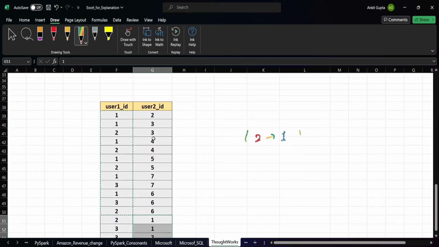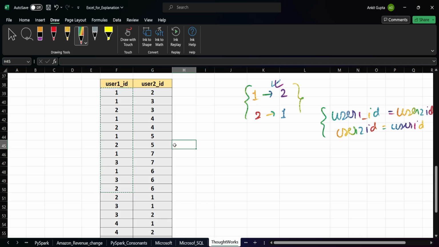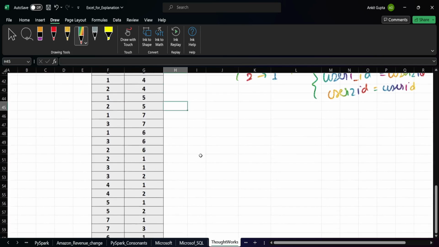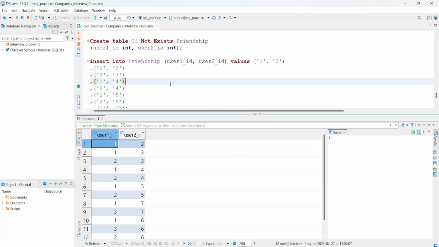The user one ID is becoming the user two ID, and the user two ID is becoming the user one ID, right? This is simple to understand because this is true: if one is a friend of two, then two can also say I am a friend of one. So I think this is clear, right? Now, let's do till this point, then we will see the next thing.